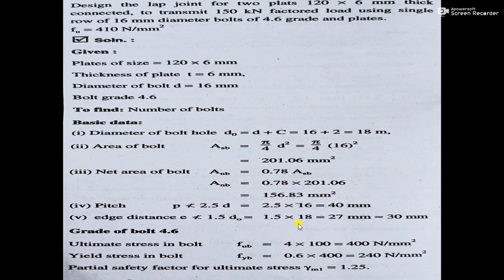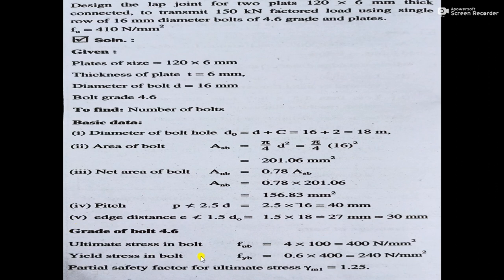That is 1.5 into gross diameter 18 mm, that is 27 mm. You can increase this or round up this figure as 30 mm. Don't round to the lesser value, that is 26, 25. You have to add more, that is 27 mm to 30 mm.